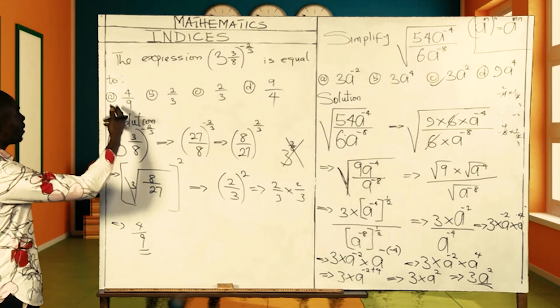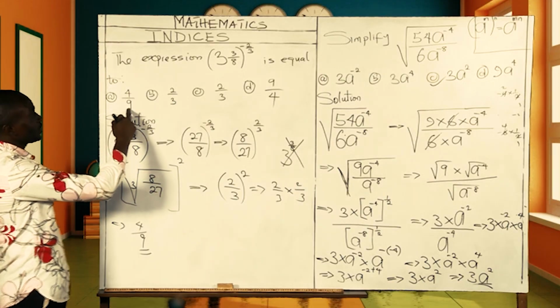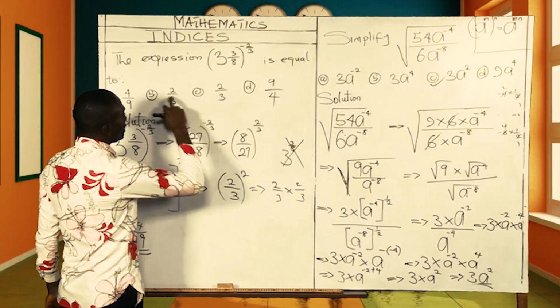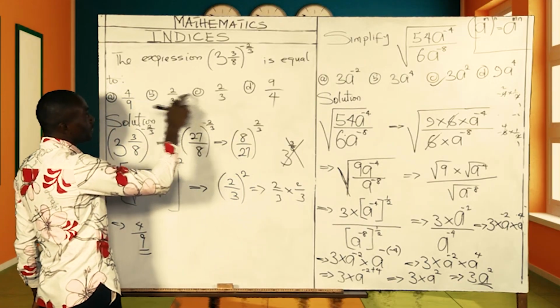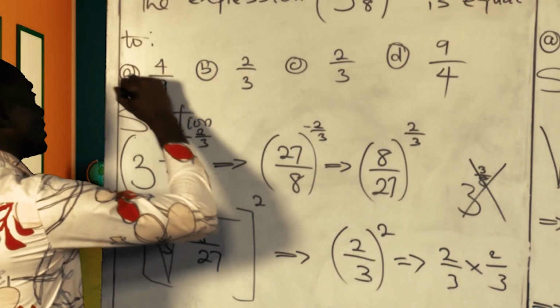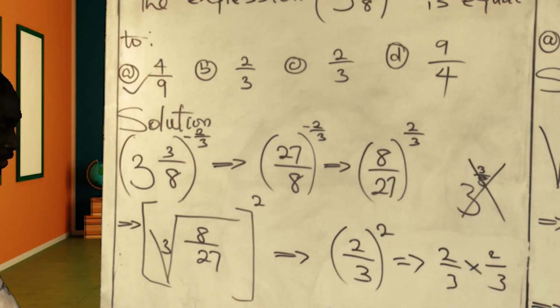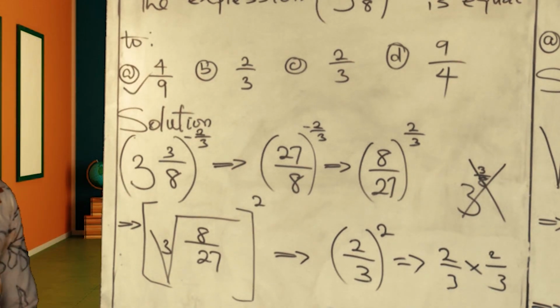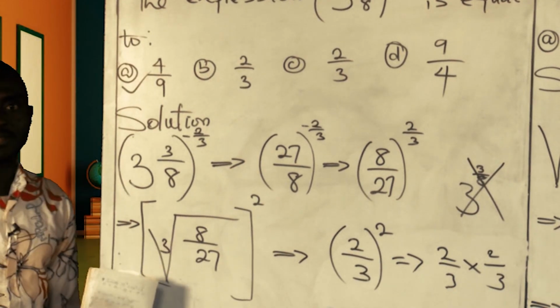So we have option A, 4 over 9, option B, 2 over 3, option C, 2 over 3, and option D, 9 over 4. Option A is the correct answer. I hope you understand that.